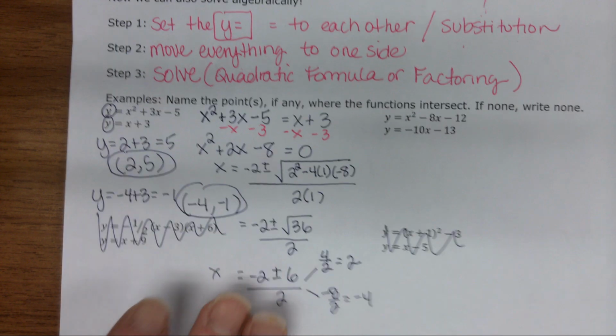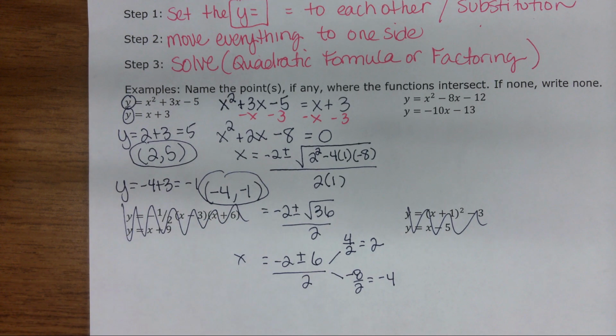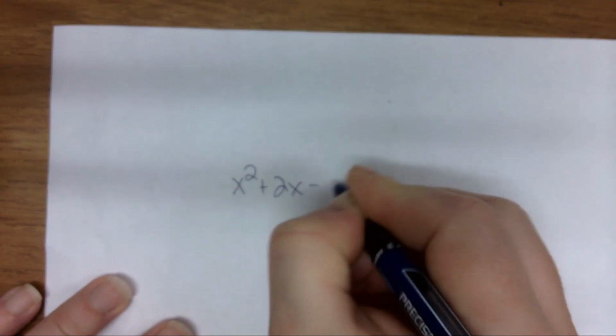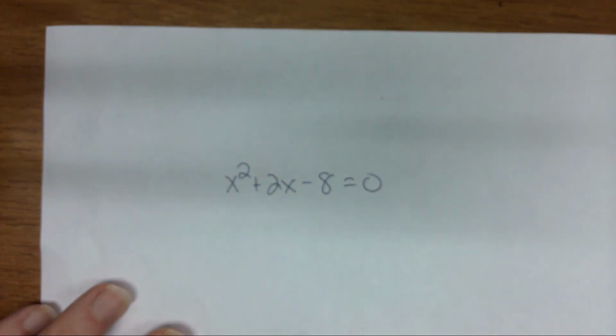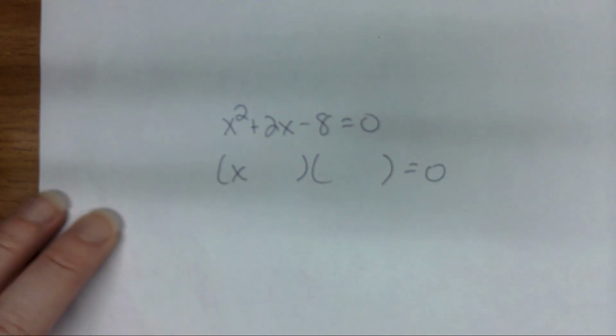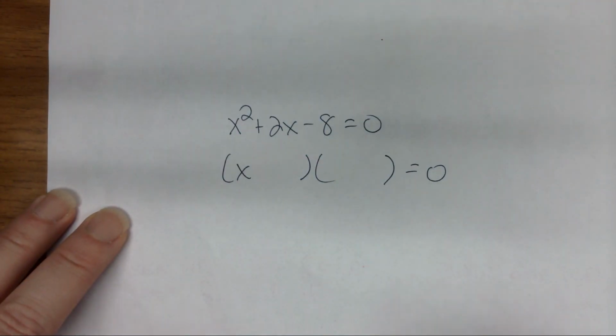Do you need this up here? Okay, want to see factoring? You don't have to do it, but I'm going to just show you, if you can get good at factoring. Ready, set, go. What multiplies to be -8 adds up to be 2? -4 and 2.